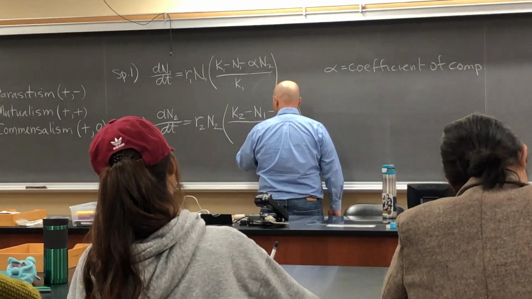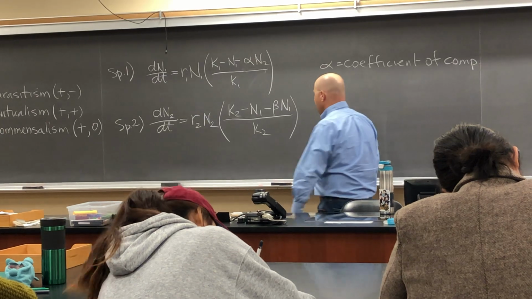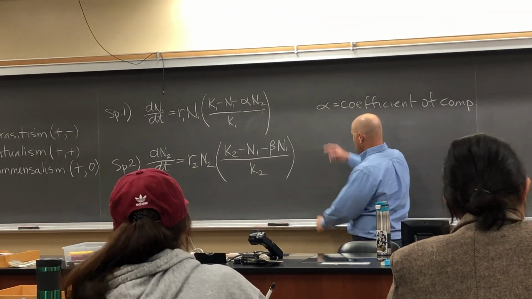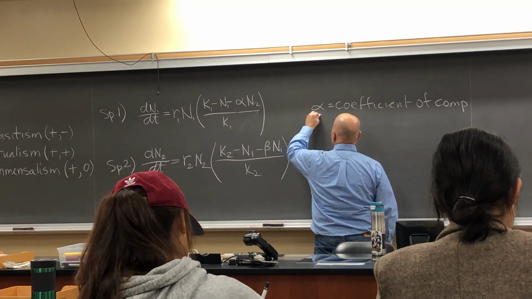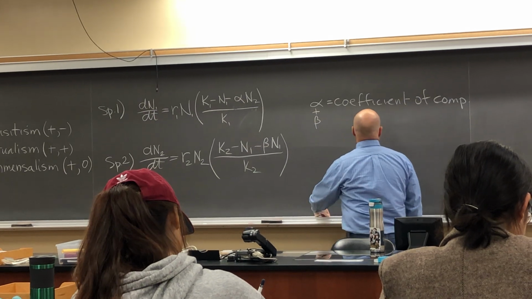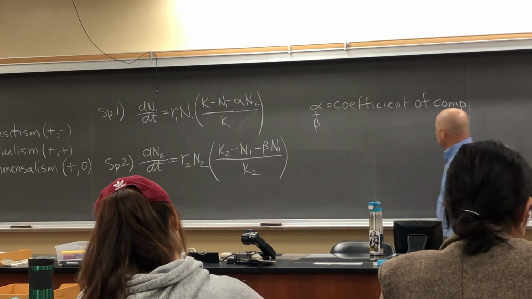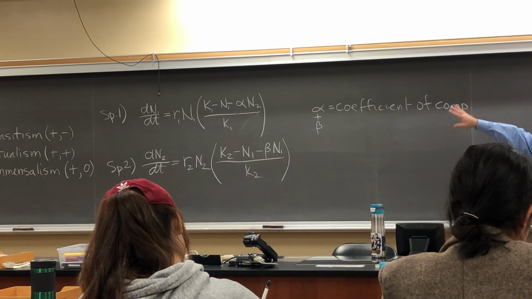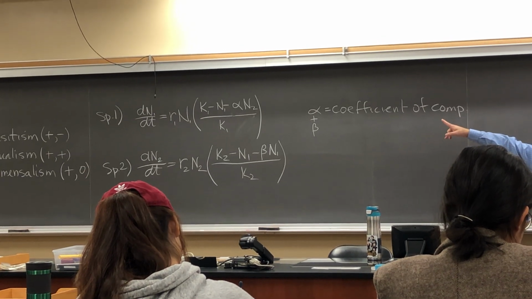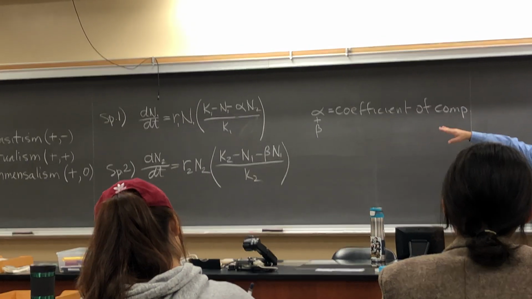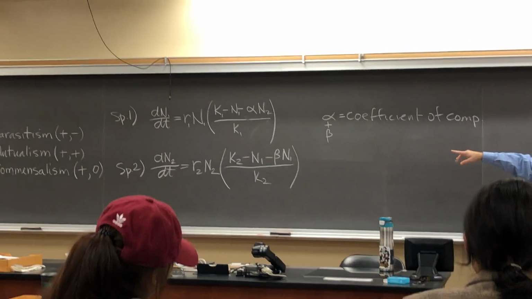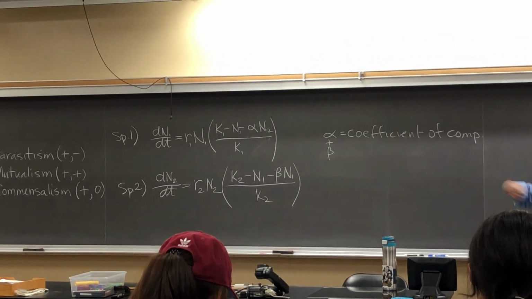And I think it's less confusing. So beta, just like this. Alpha and beta are coefficients of competition. So alpha converts species 2 into an equivalent number of 1. Beta converts species 1 into an equivalent number of 2.